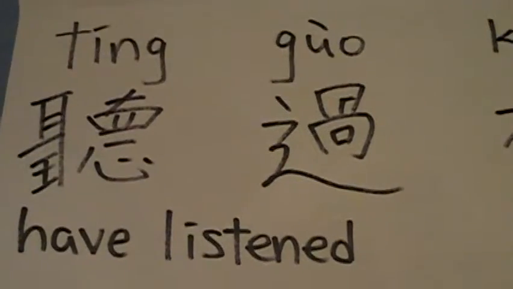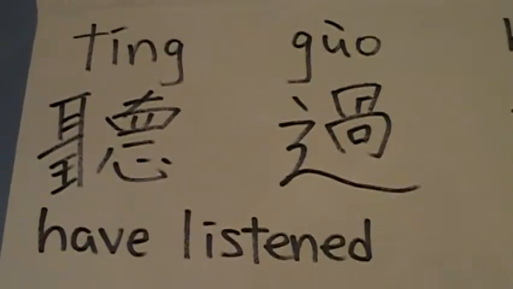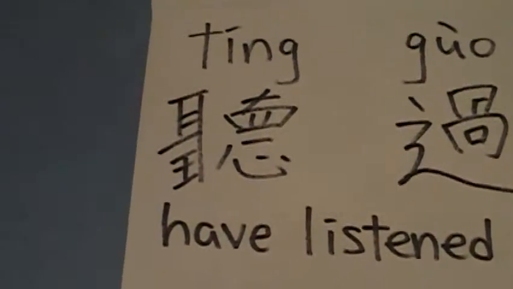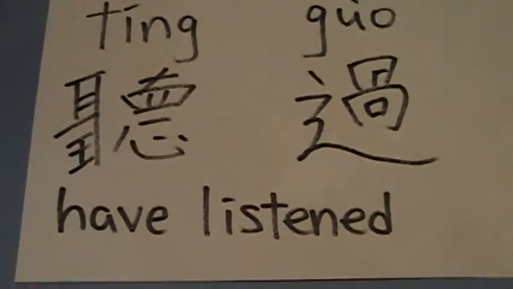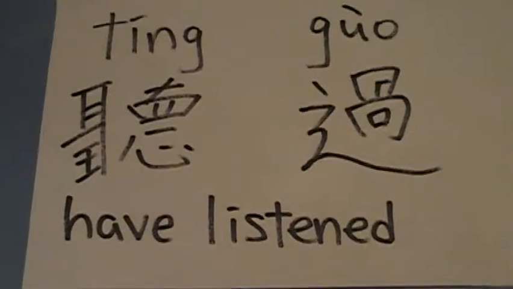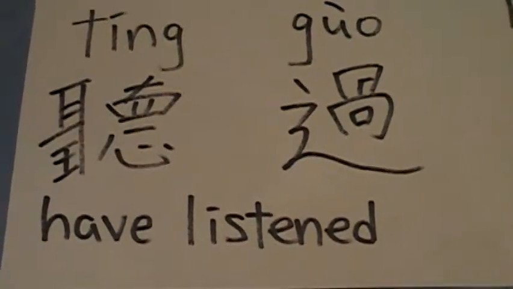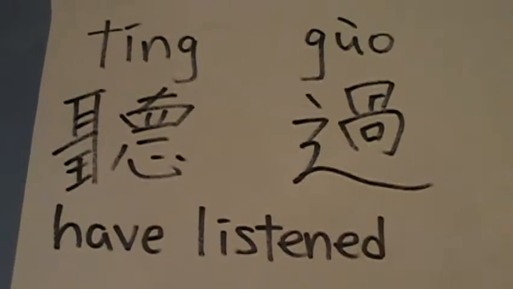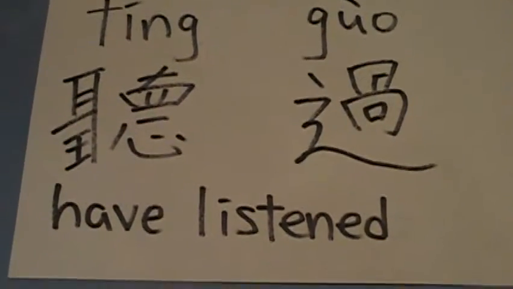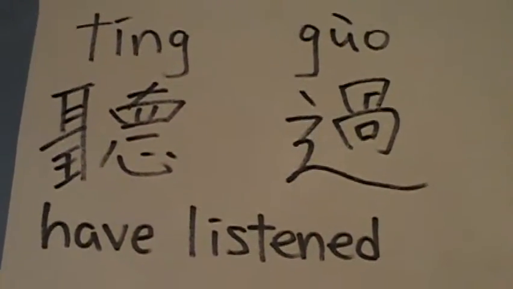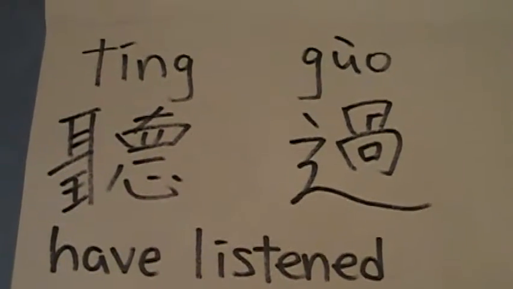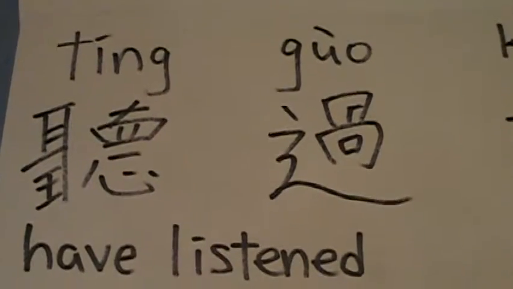By adding 过, it means past tense or present perfect tense: have listened, or simply listened. It means that this action has occurred in the past and may or may not be occurring in the present or in the future.